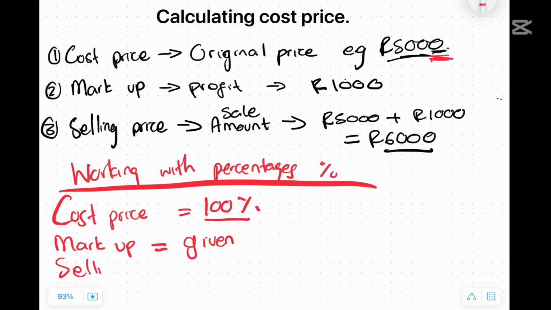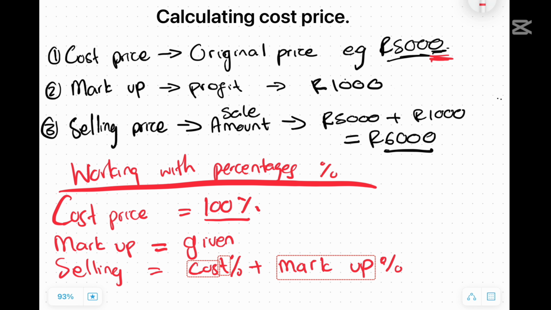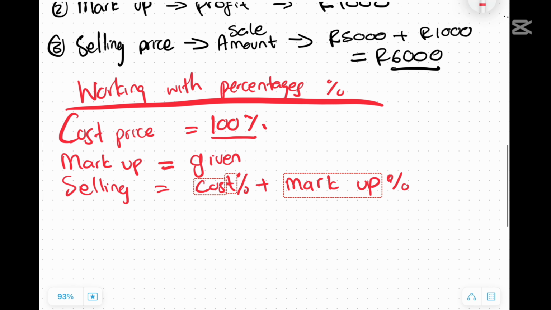With the selling price, it's always your cost plus the markup. So the cost percentage as well as the markup, you add them together and you get your selling price.